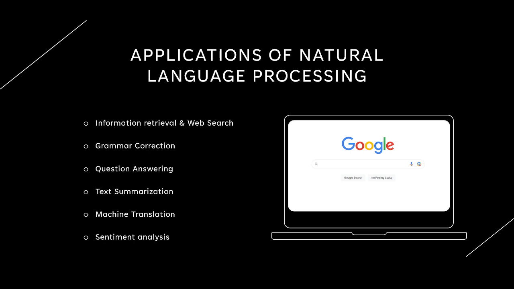This can be done with a bot. Text summarization, that can also be done with a bot. I mean, the best example for a bot would be ChatGPT right now. Then machine translation, there's Google Translate, which is used a lot in backend for a lot of translation right now.